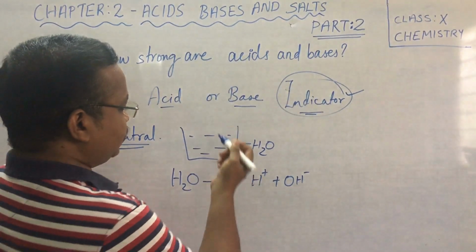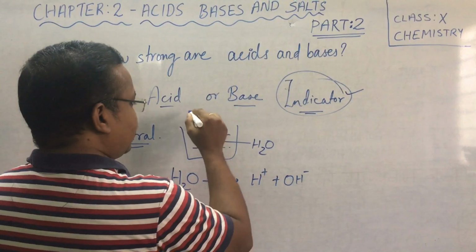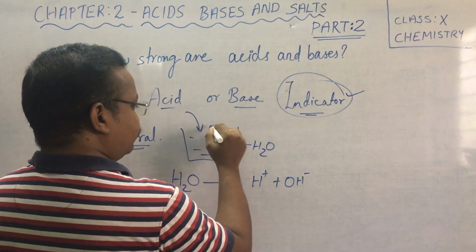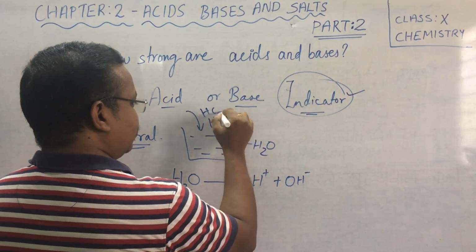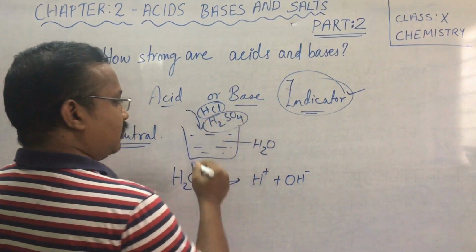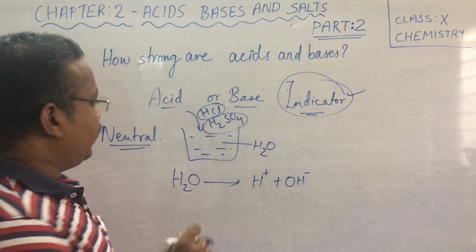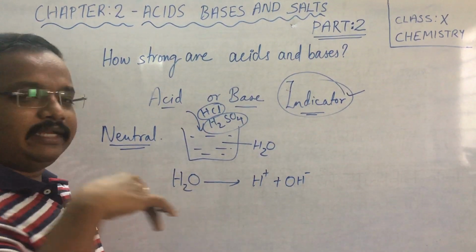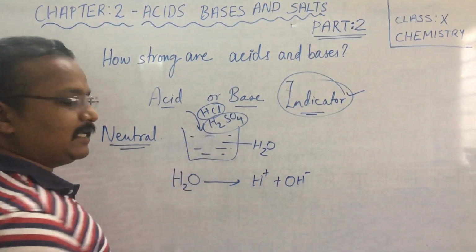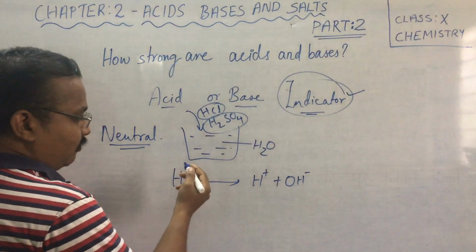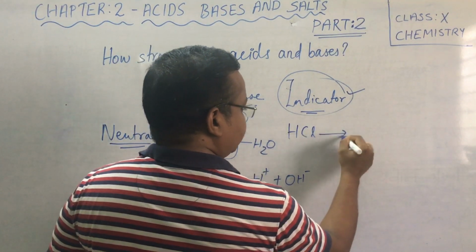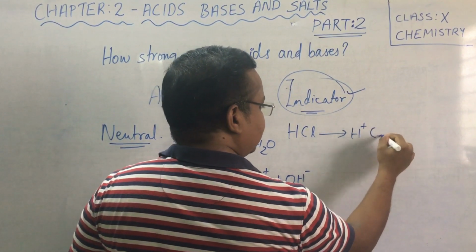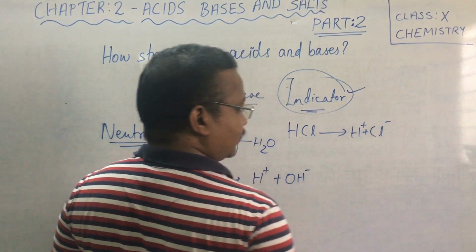Okay, suppose into this water I am adding some amount of H2SO4 or HCl, both are mineral acids. If you add these, what happens? HCl will produce H positive as well as Cl negative, correct?